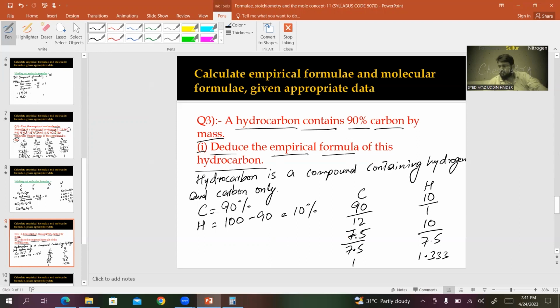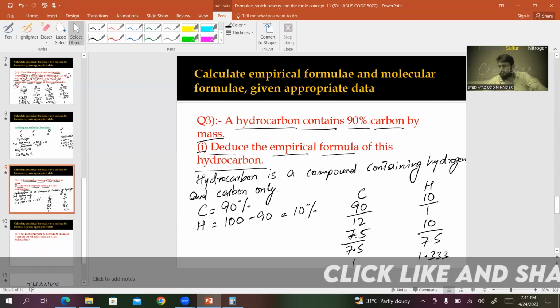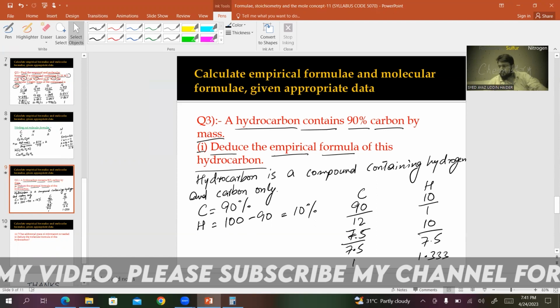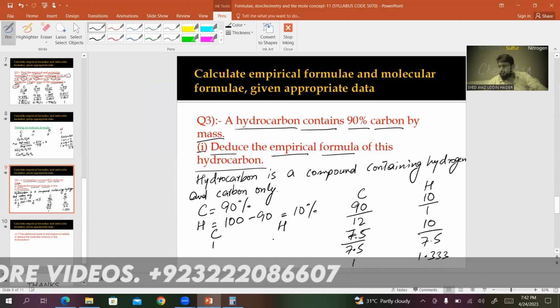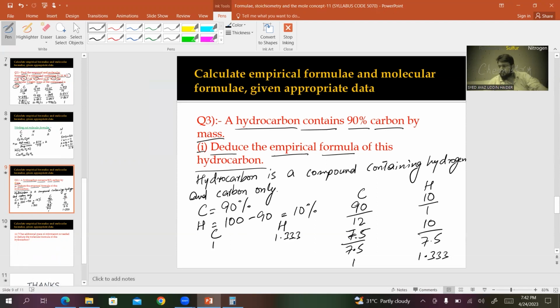Now multiply to get the answer in whole numbers. I'm writing it again. Carbon, hydrogen, 1.333. If we multiply 2 by 1.333, we will get 2.666, which is not a whole number. So we will multiply it by 3.